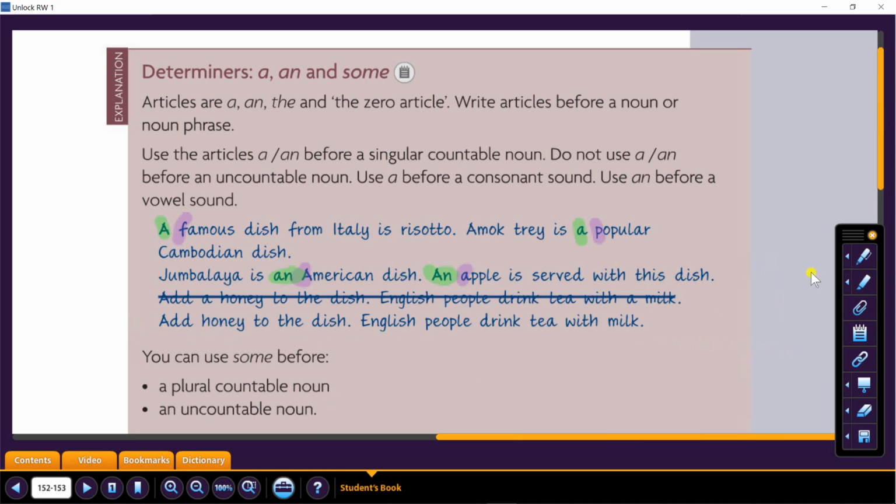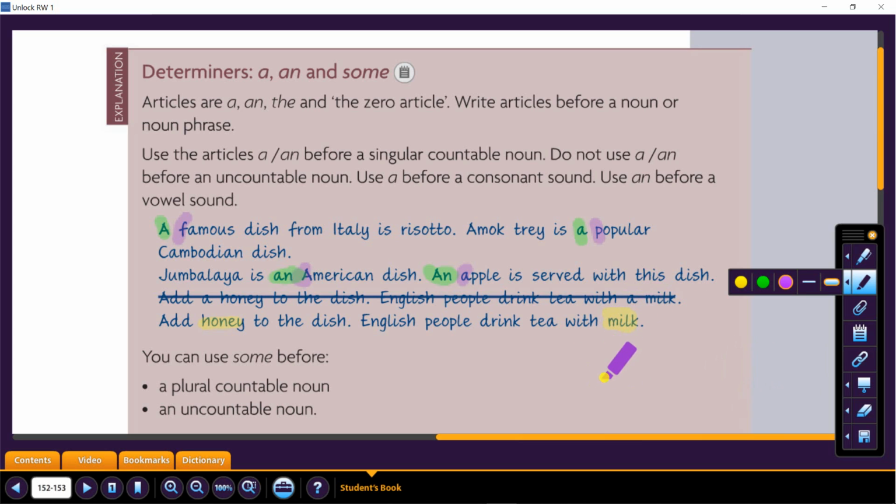Look at these two terms, ladies. Here we have honey, and here we have milk. Milk is a singular term, yes, but it's not a countable one.